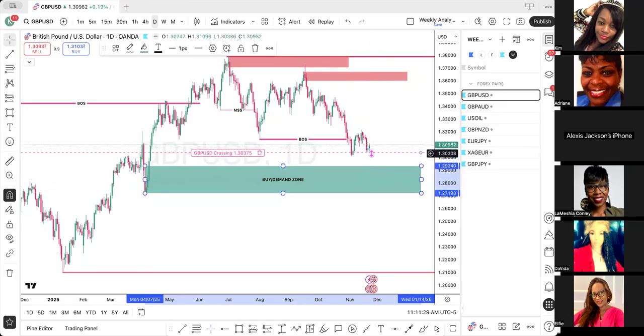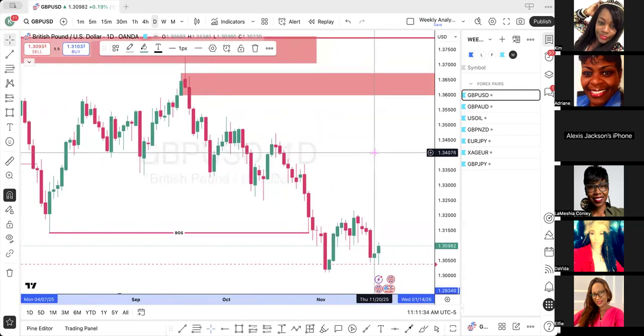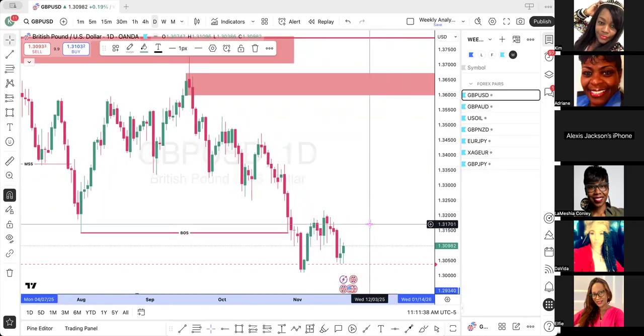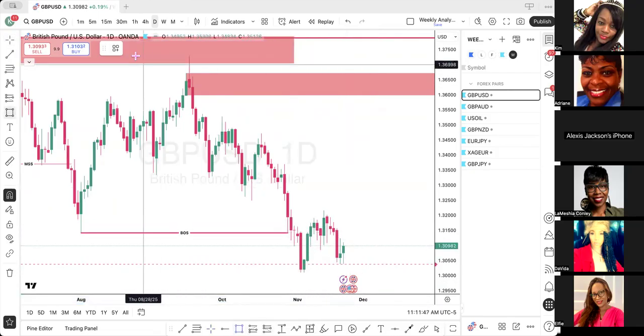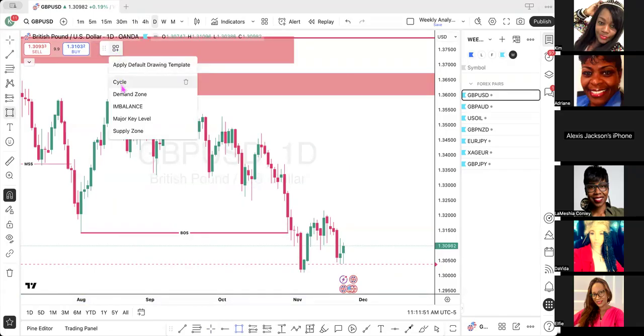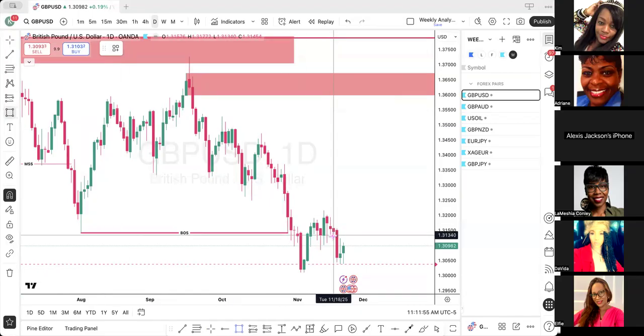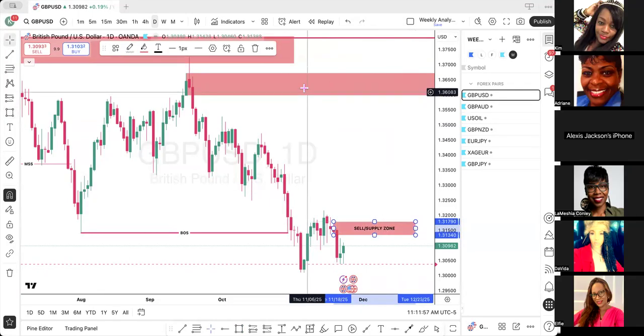So price is likely going to sell. I think it's going to sell. But if it does buy up, I would be looking for price to buy up into at least somewhere up in here.